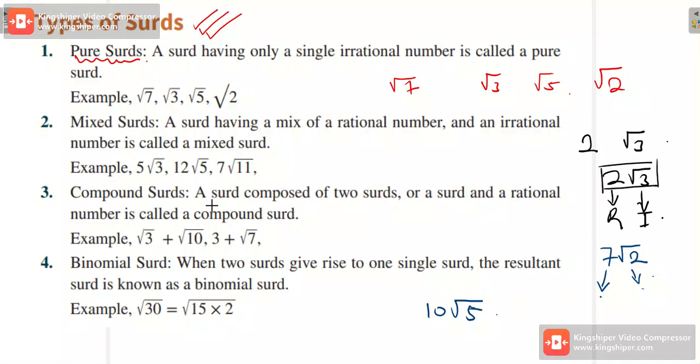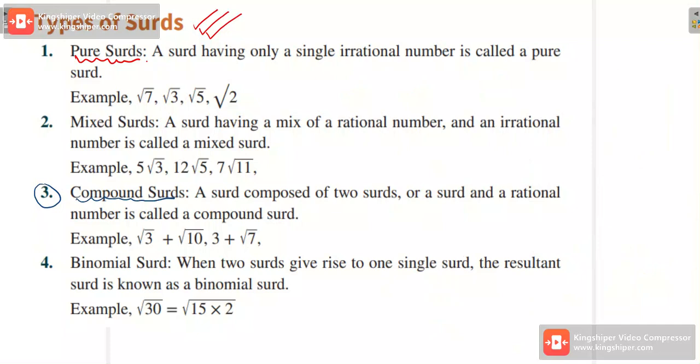Now let's go to the next one, which is compound sets. Now when do we say a set is compound? A set composed of two sets, or a set and a rational number, is called a compound set. So an example is a set composed of two sets, that is root of 3 plus root of 10.